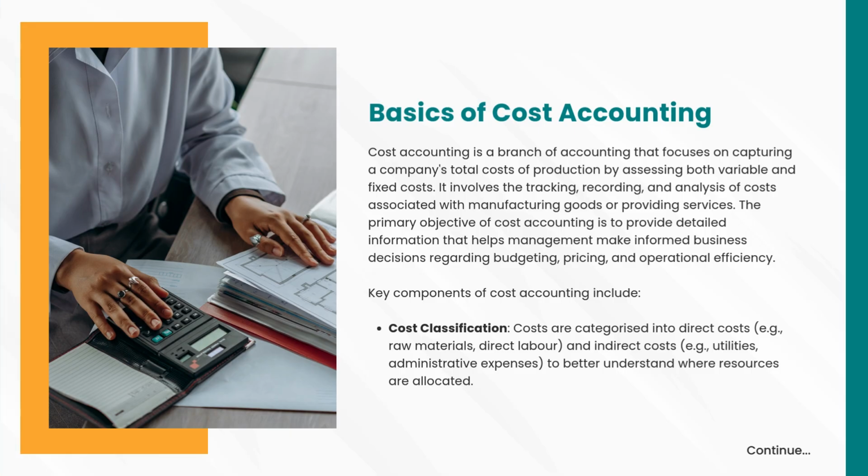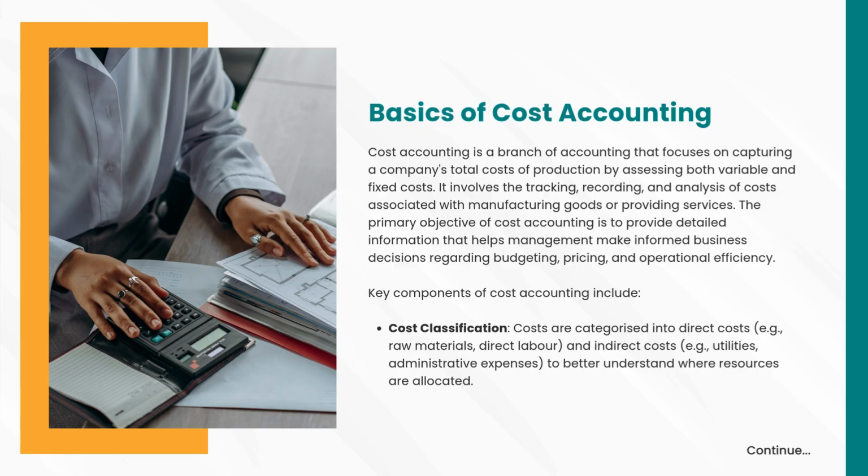Basics of cost accounting. Cost accounting is a branch of accounting that focuses on capturing a company's total costs of production by assessing both variable and fixed costs. It involves the tracking, recording, and analysis of costs associated with manufacturing goods or providing services.